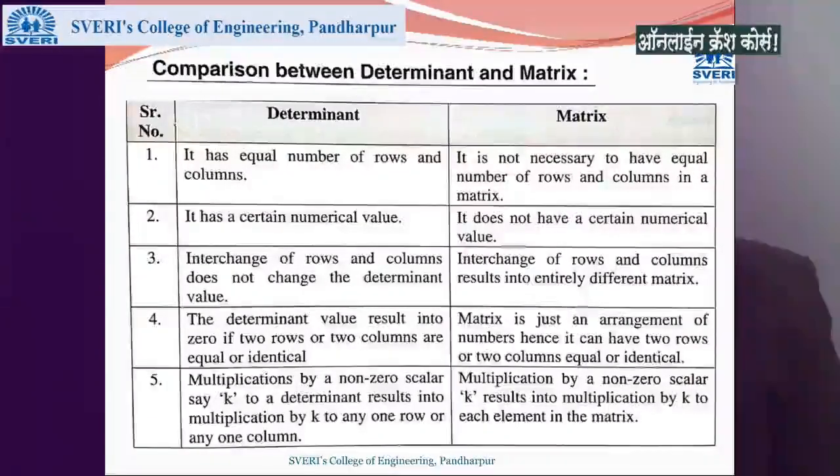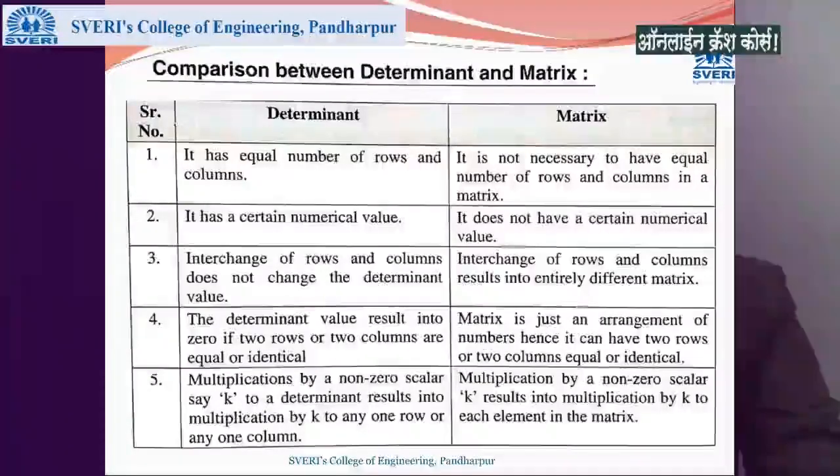Second, a determinant has a certain numerical value, meaning whenever we calculate it we get a particular value, but a matrix does not have a certain numerical value. Next, interchanging rows and columns does not change the determinant value, but for a matrix, interchanging rows and columns results in an entirely different matrix.